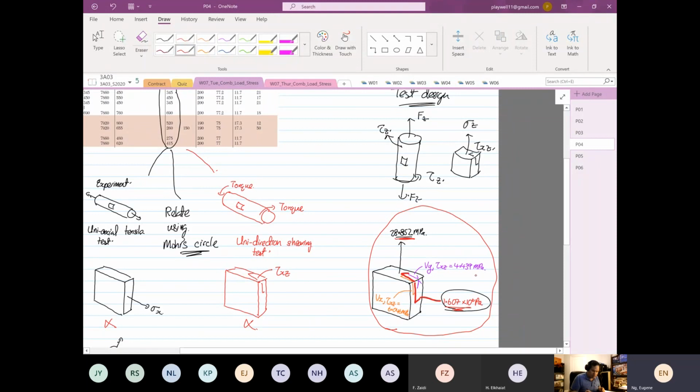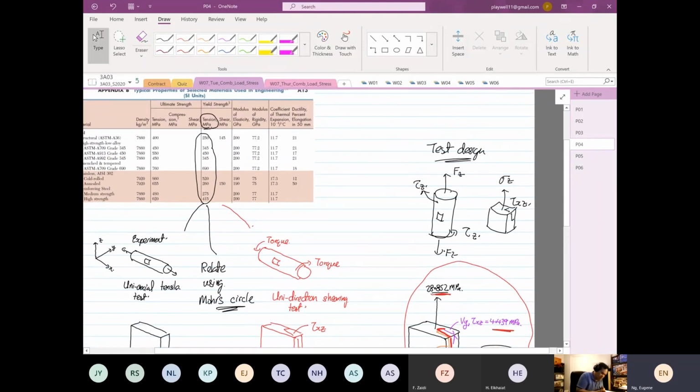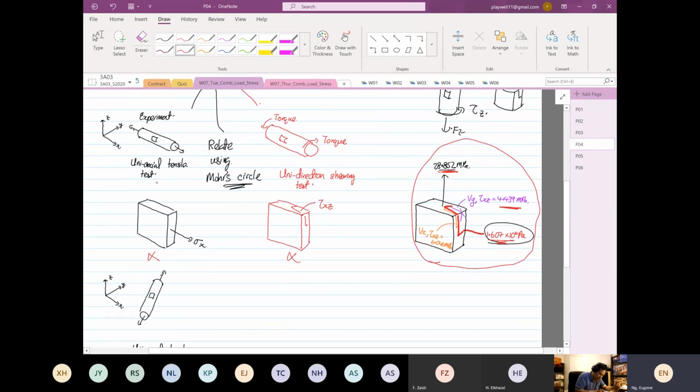Most material behavior or material properties are measured in unidirection, which means they are measured in one direction. One direction is easy and very convenient to carry out. So ideally we only do tests in either uniaxial tension, uniaxial compression, or unidirectional shearing stress.